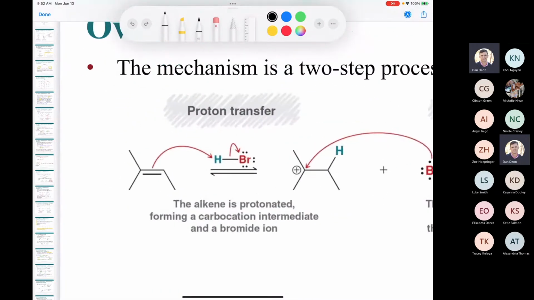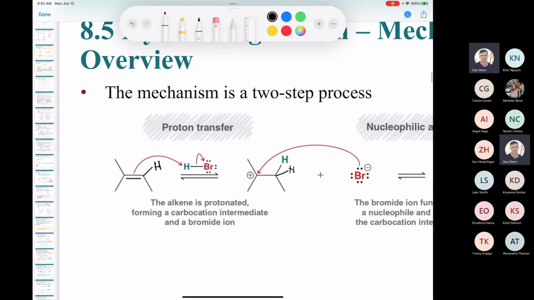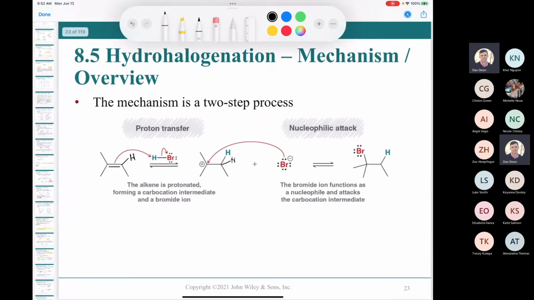The carbon that's richer in hydrogens is the one that's taking the hydrogen. Why can't I draw a straighter bond than that? There we go, it's a little better. This is Markovnikov regioselectivity, and then the bromine attacks the carbocation so that we end up with the Markovnikov product.